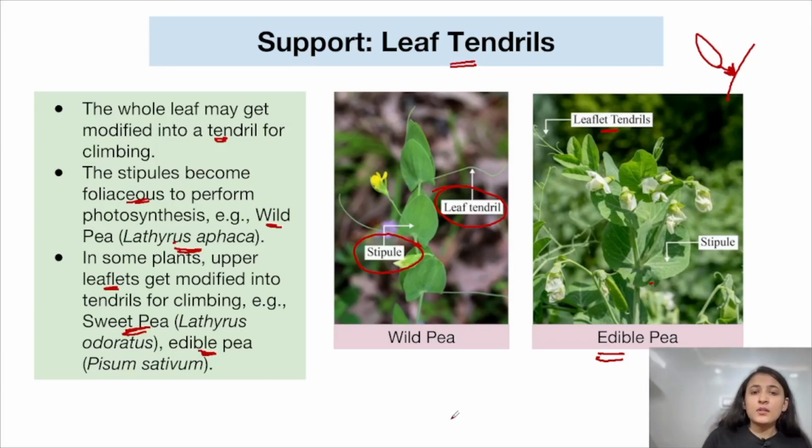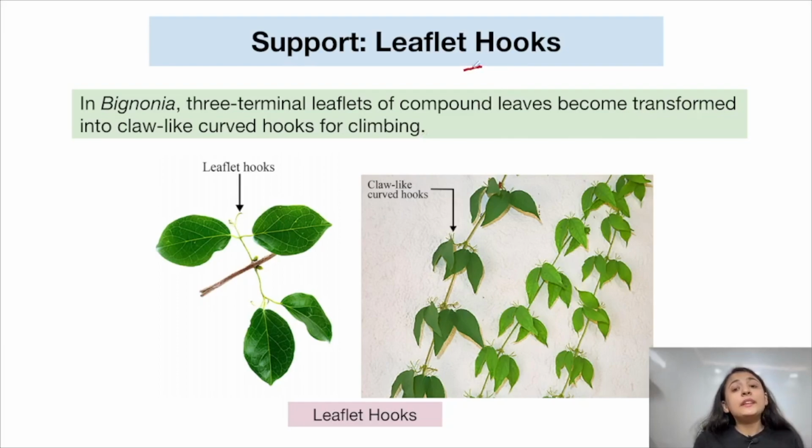Now let's come to leaflet hooks, the second modification under the support category. So in Bignonia, the 3 terminal leaflets that are present in compound leaves become transformed into clawed-like curved hooks for climbing. What are hooks? Hooks help any structure to hang somewhere, right?